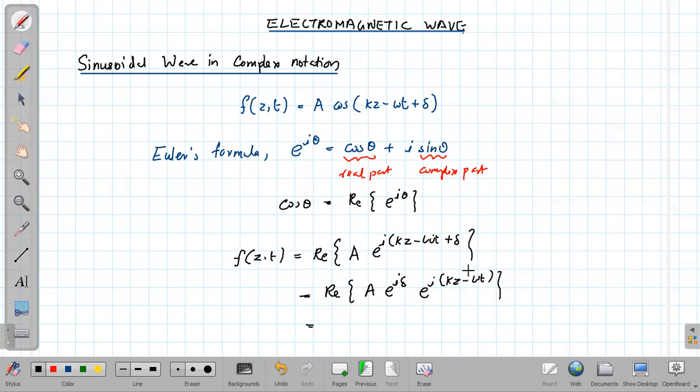Now this function I am going to represent as f tilde. So it is the real part of f tilde of z,t.